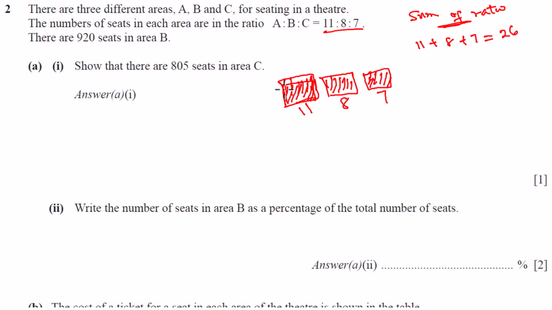This doesn't mean there are 11 seats here. It means that if the total number of seats in this theater is, let's say for instance, A. Okay, they already use A, so let's use X. The total number of seats in this theater is X. It simply means that 11 over 26, that is 11 out of the total 26 of this X is occupying this position.